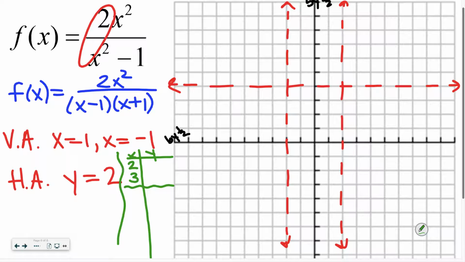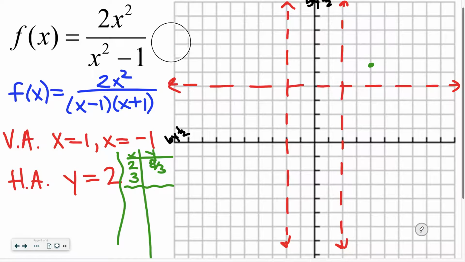Okay? So when we plug in 2, 2 times 2 squared is 4 times 2, which is 8, over 2 squared minus 1. So 8/3. So we have 2, 8/3.